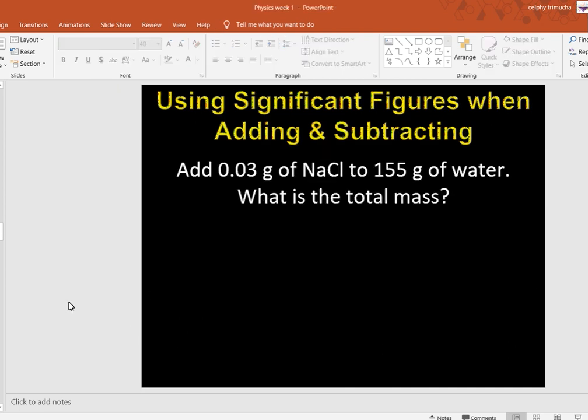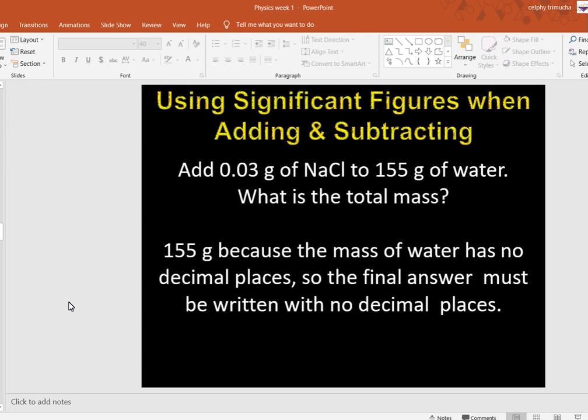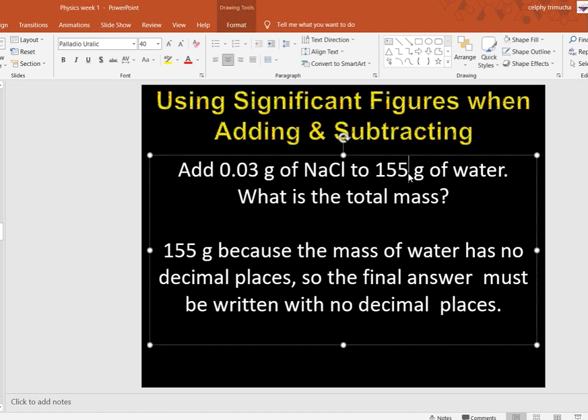Next, using significant figures, add 0.03 gram of NaCl to 155 gram of water. So, what is the total mass? So, it's simple because it's addition. Our answer will be 155. Take note, 155 has no point or decimal place.